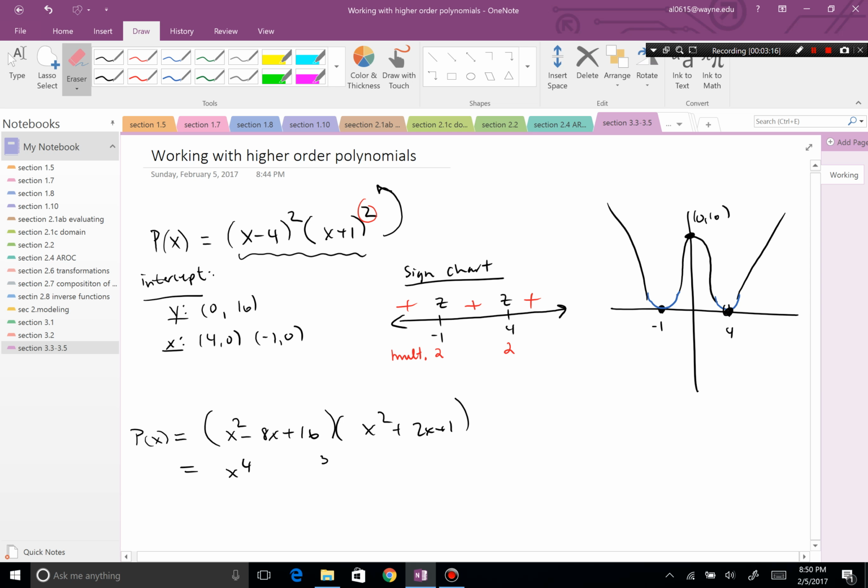I'm going to need you to trust me a little bit on this one. This is going to be -5x cubed plus 1 and 16, 17. And then plus 1 more x squared plus x's is going to give me -8, and so on, 32. Okay, so you guys get the point.